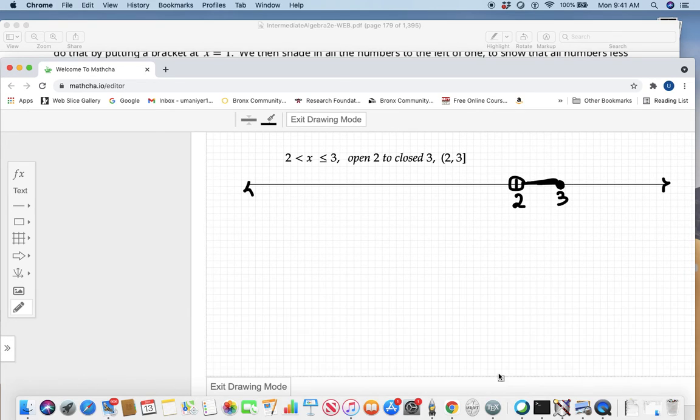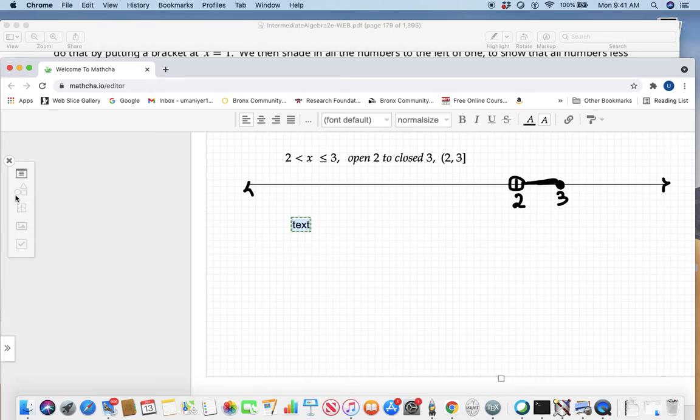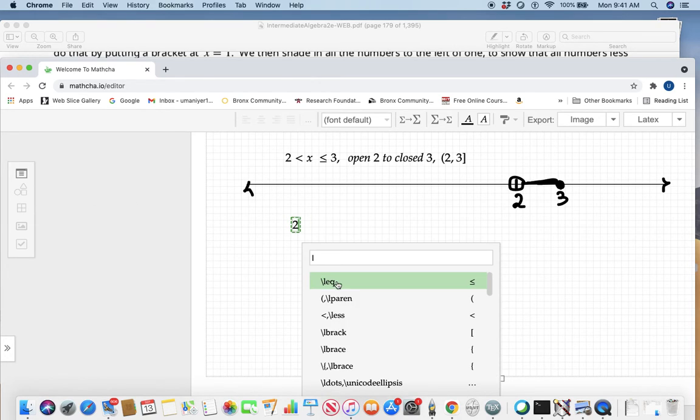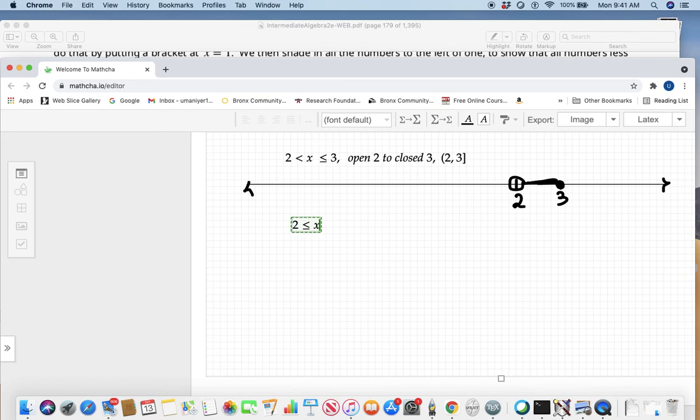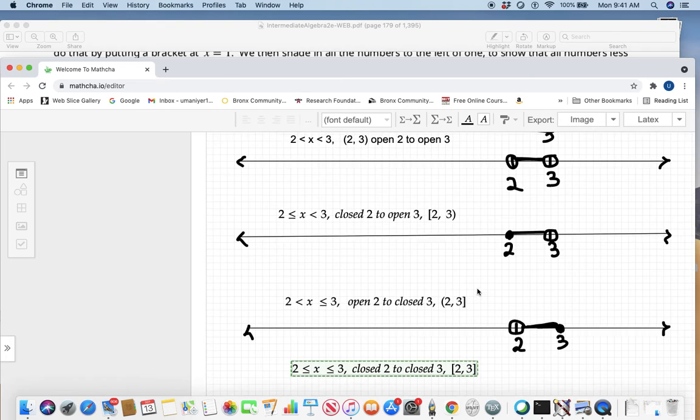Next. 2 less than or equal to x, less than or equal to 3. That is closed 2 to closed 3, bracket 2, bracket 3. Okay.